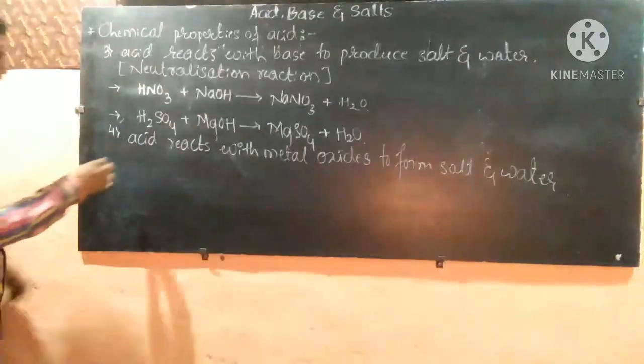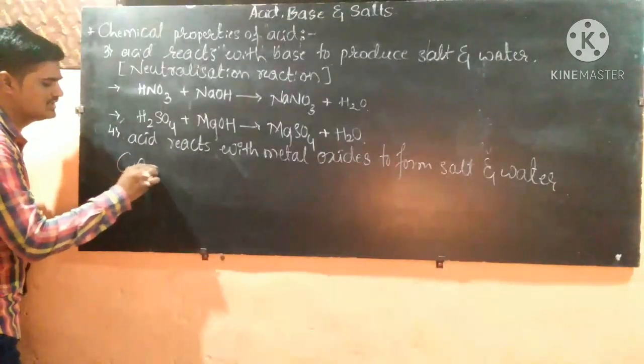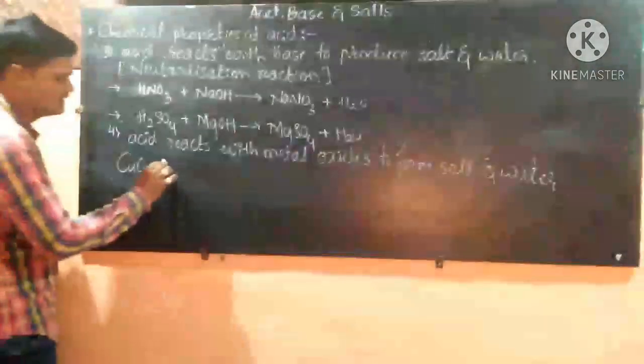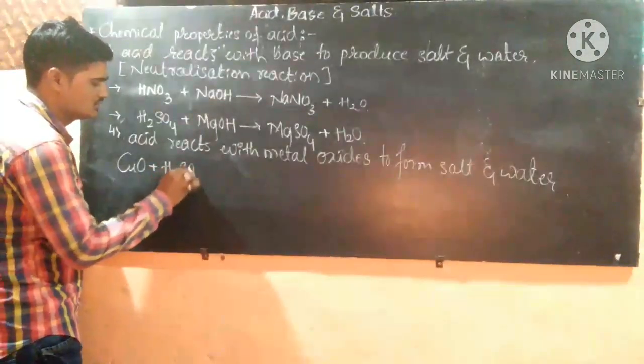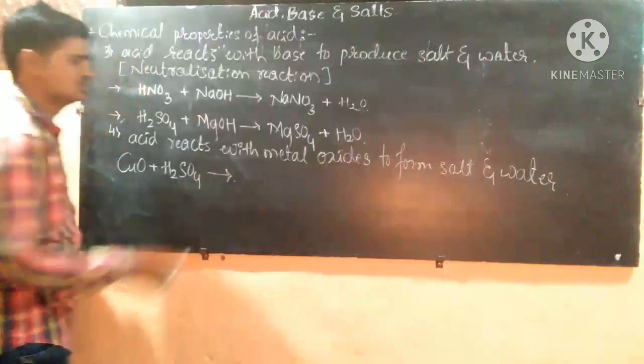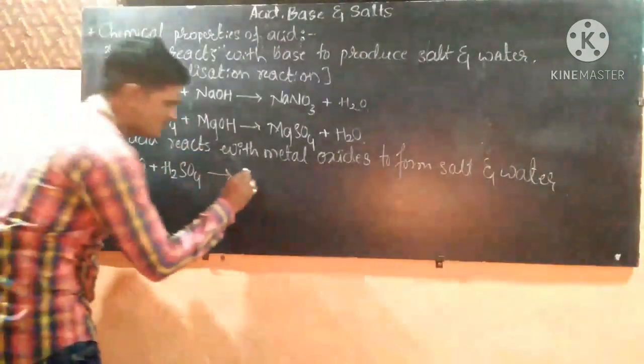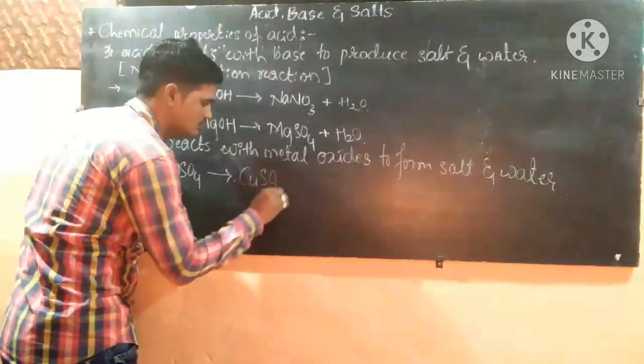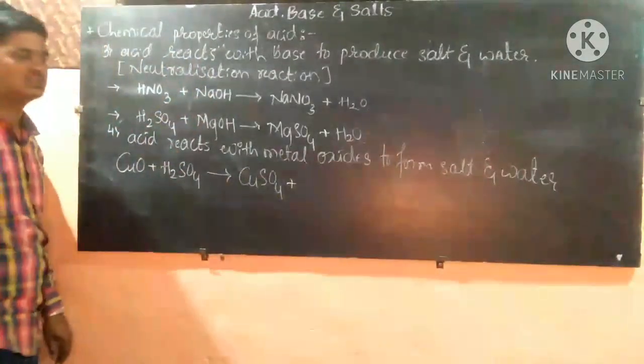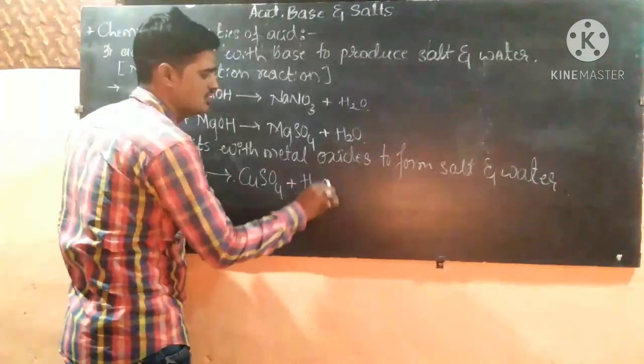Here we can take an example of metal oxide, that is CuO, reacted with the acid H2SO4. The product formed, the salt is formed, that is copper sulfate, plus water is produced, that is H2O.